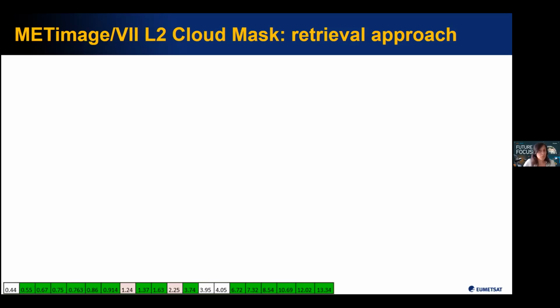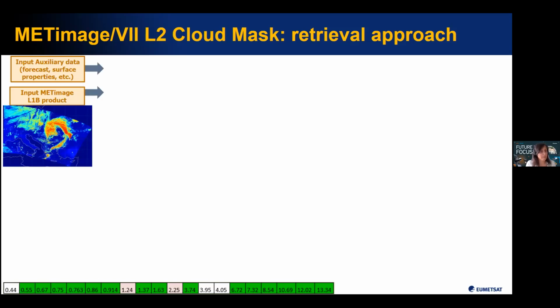So the algorithm retrieving the cloud mask from EUMETimage takes in input the EUMETimage radiance and a number of auxiliary files which provide information about the forecast profiles of humidity and temperature, and also the properties of the surface like albedo, BRDF, emissivity at the given time of the observation.